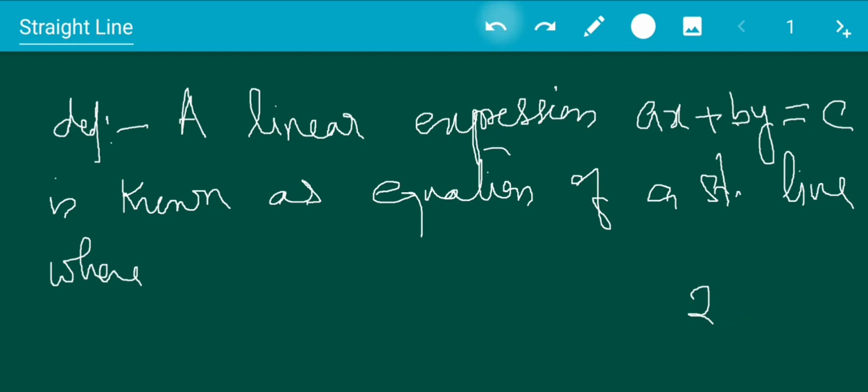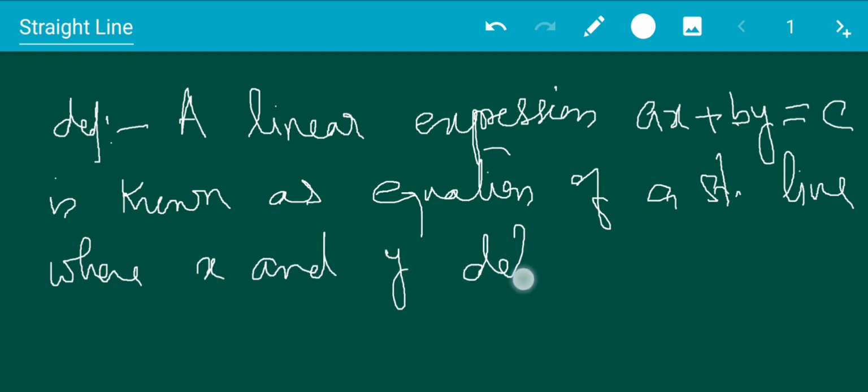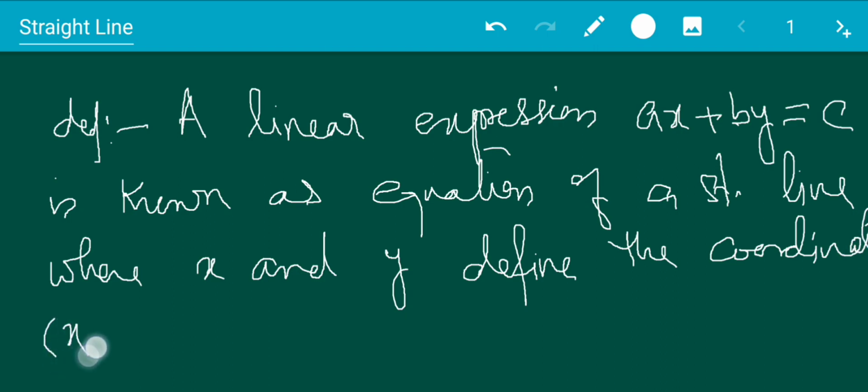Okay, for 2 dimensions this linear equation is the equation of a straight line, where x and y define the coordinates (x, y) on the straight line.